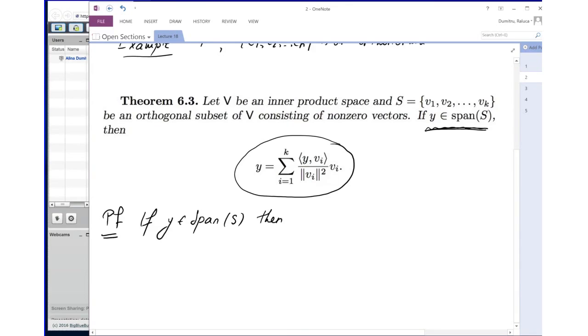So, if y is an element in the span of S, that means it is a linear combination of the vectors in S. There are k of them. So y is the sum, i equals 1 to k, of a_i v_i. So what we have to show is that each a_i is in fact equal to this coefficient that shows in the formula here. Okay, how do we get there?